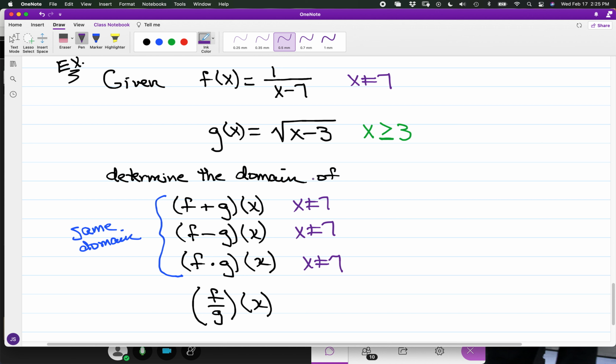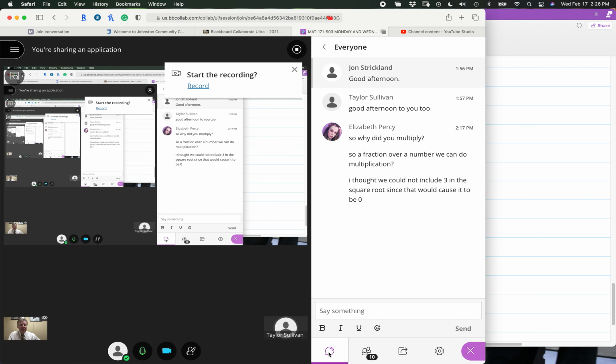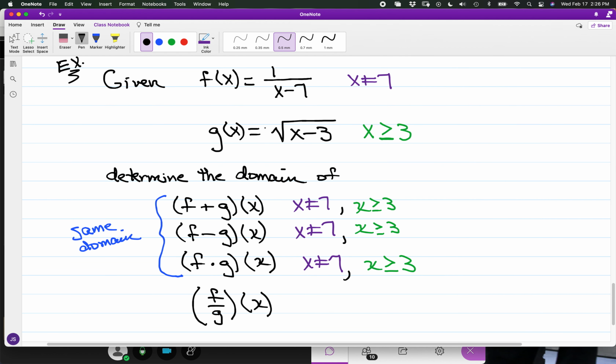And to keep g of x defined, we also have it that x must be greater than or equal to 3. Now, you can have the square root of 0 if you got your expression in direct terms, and the square root of 0 is going to be 0.